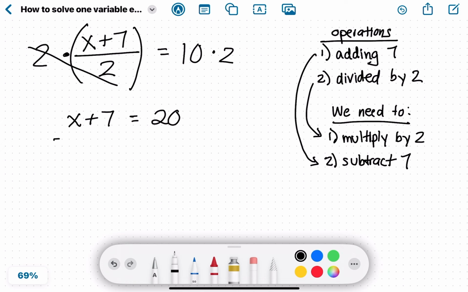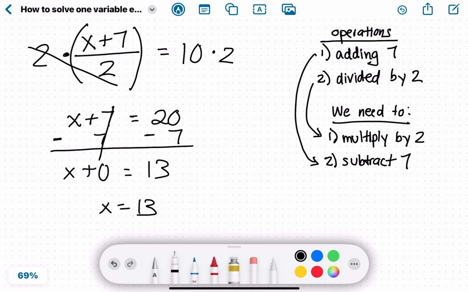Then subtract 7 from both sides. x plus 7 minus 7, the 7s cancel because it equals 0. 20 minus 7 is 13. And 0 doesn't need to be there, it could be invisible. So x equals 13. And there we go.